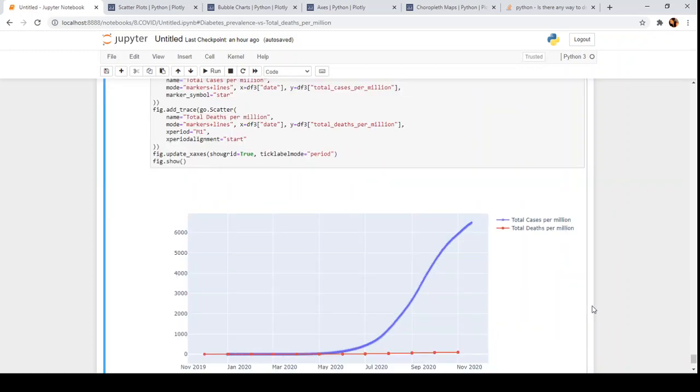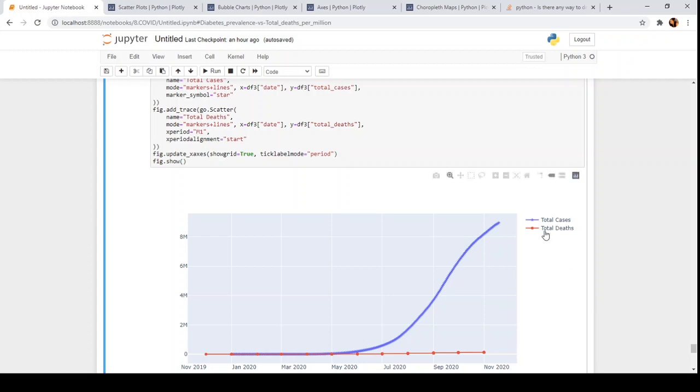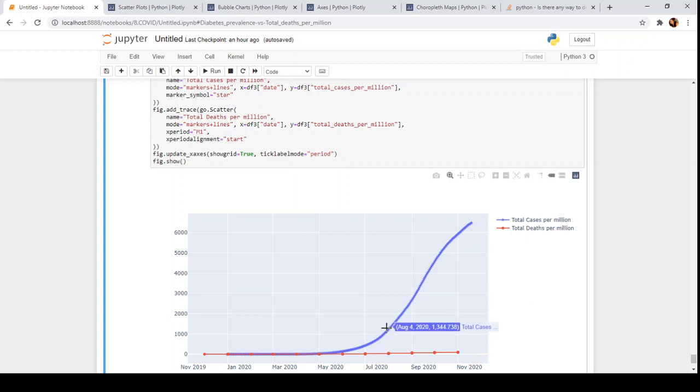So here you can see the total cases and total deaths of India, how they are going up. The death rate is quite stable, but the cases are going very high in India, and these are per million cases and per million deaths in India.